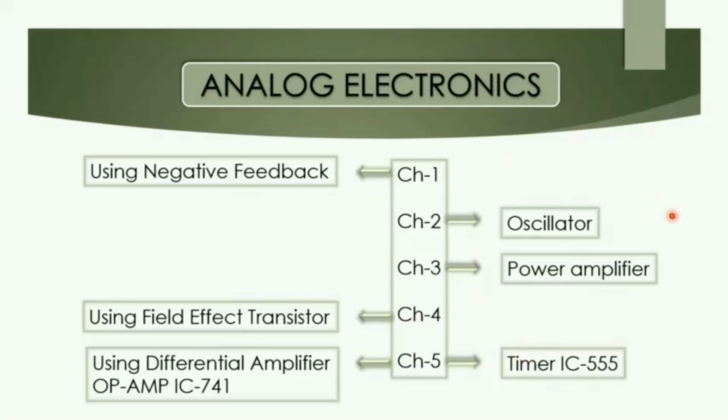After acquiring knowledge about these three topics, you will be asked to prepare three mini projects. First, a circuit that generates sine wave of given frequency, which you will study in chapter 2, oscillator. Second, a circuit which takes music input from your mobile via 3.5 mm jack and plays that music on a loudspeaker, which you will study in chapter 3, power amplifier.